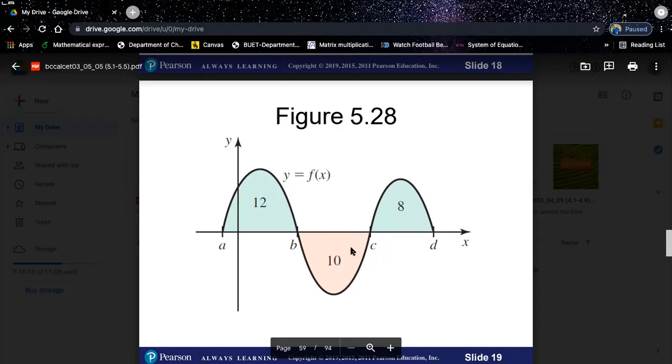Net area is nothing but adding all the areas. If you have something negative, then it actually falls into that category. So if you just add all these areas, you will get the net area. So plus 12 minus 10 plus 8. So the net area is 10. Does it make sense?